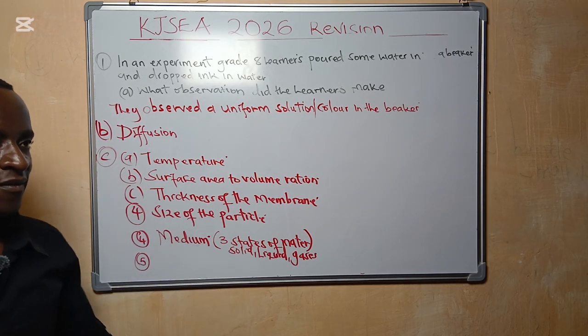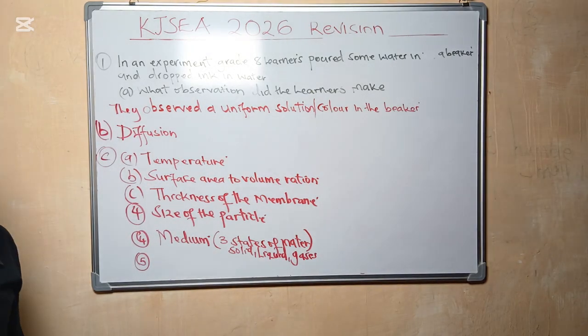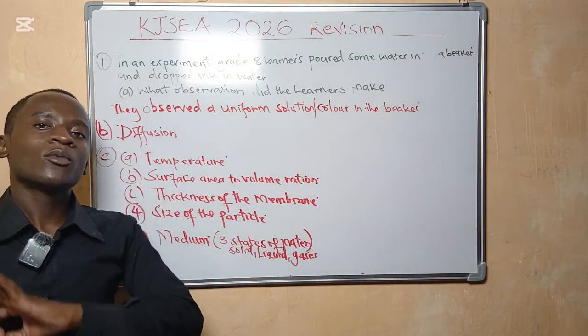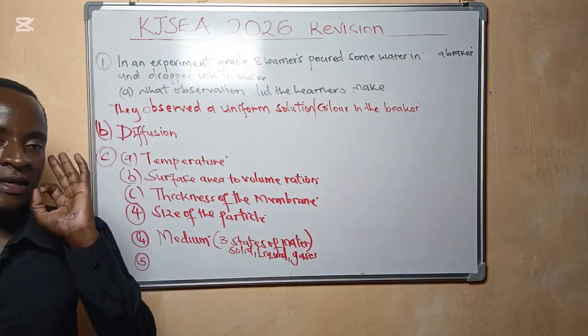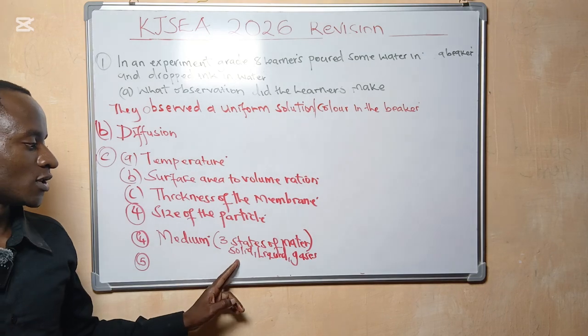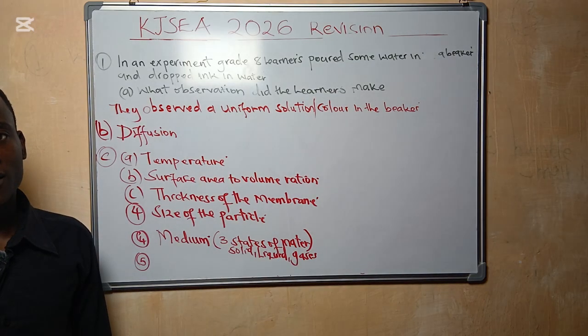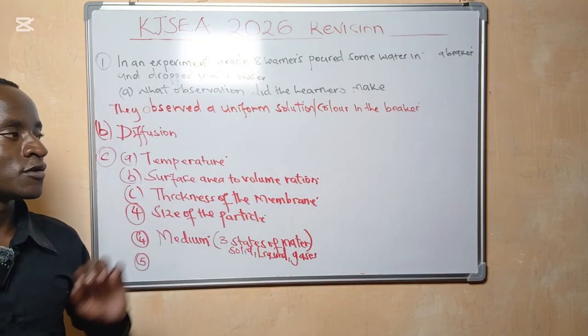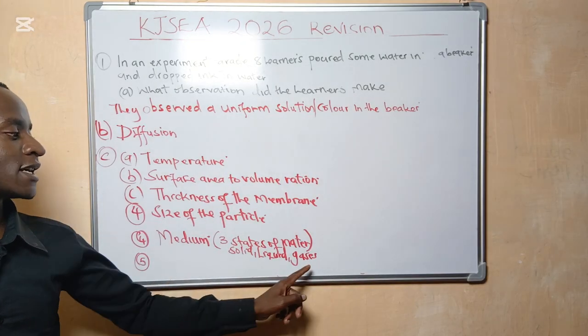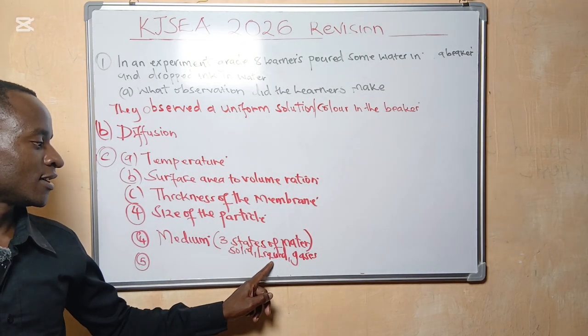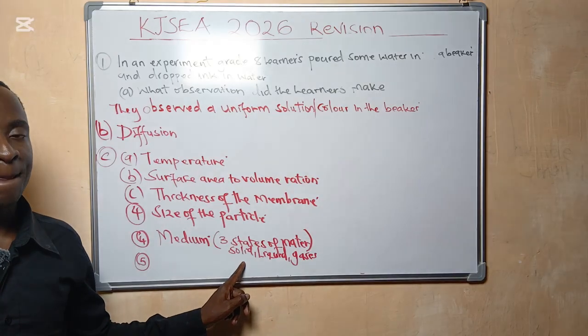Then medium, type of medium. When we are talking about medium, we are talking about the three states of matter. In this case, we are talking about the solid, the liquid, and the gases. How does it affect the rate of diffusion? Diffusion is faster in gases than in liquid, than in solid.